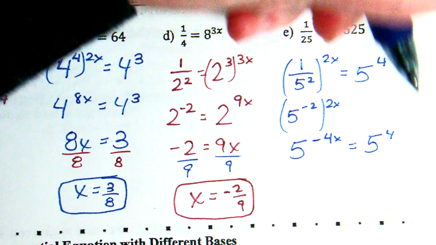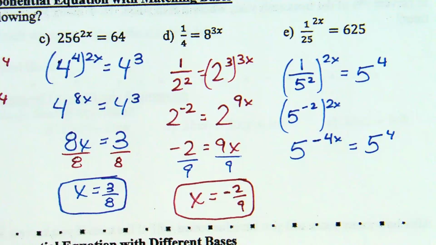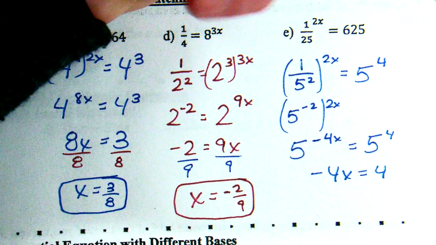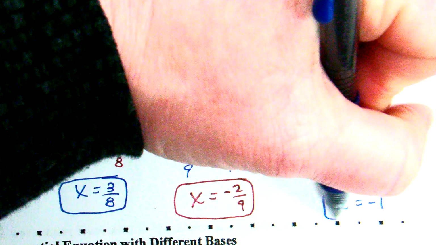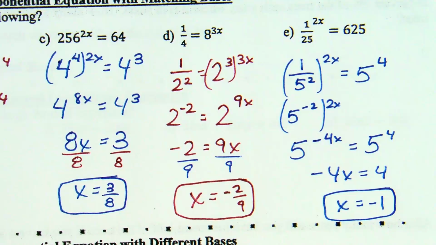Still equals 5 to the 4th. And what'd you come up with? Negative 1. The 5's drop off. Negative 4x equals 4. Divide by negative 4, and x is negative 1. Okay? Got the basics on that section.